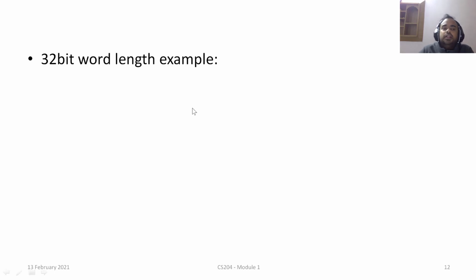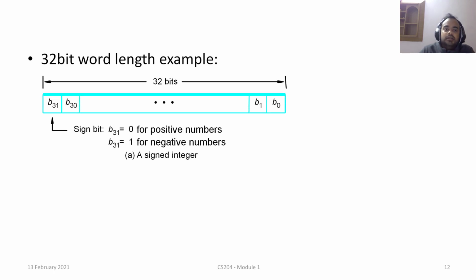If we take the 32-bit word length as an example, it can be used to represent any numbers or characters. Here is an example where we are using the 32-bit word to represent a signed integer, specifically in sign magnitude form. Bit 31 represents the sign and the remaining 31 bits are the magnitude.